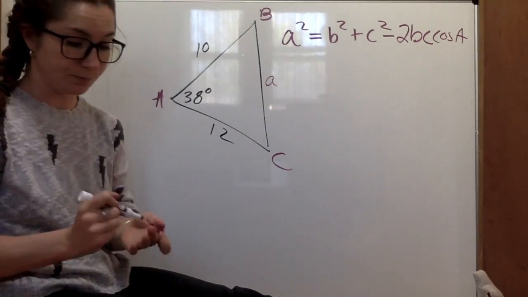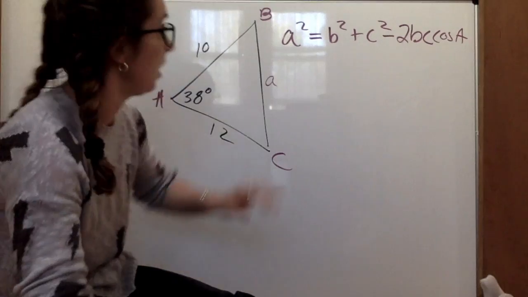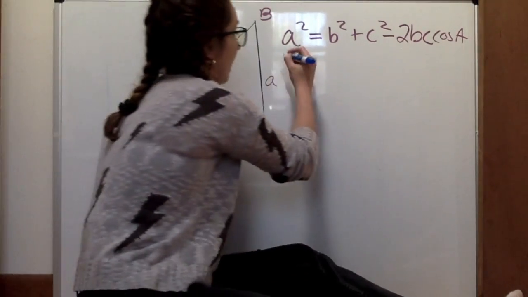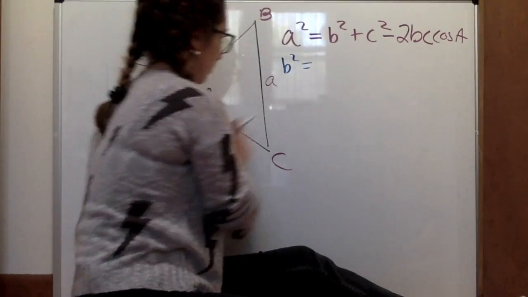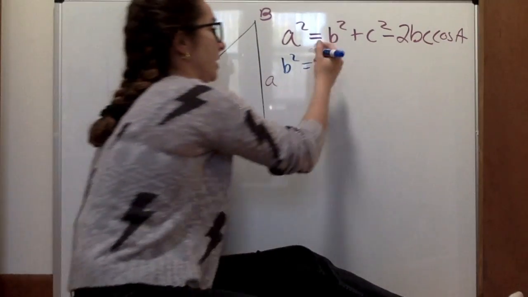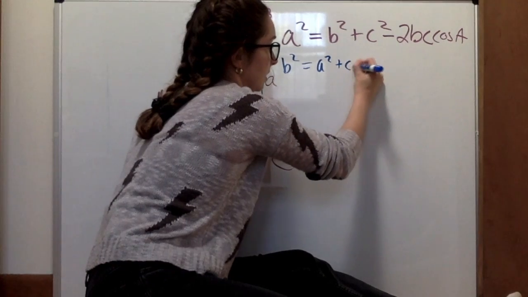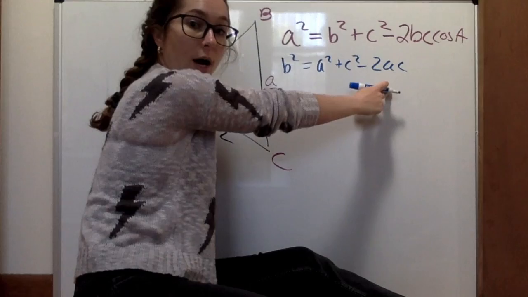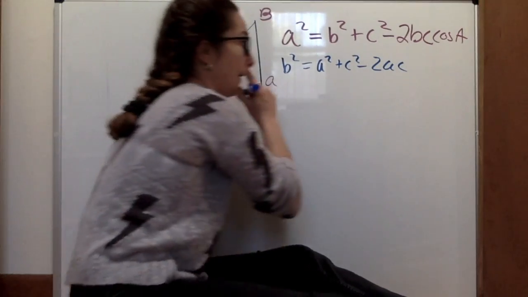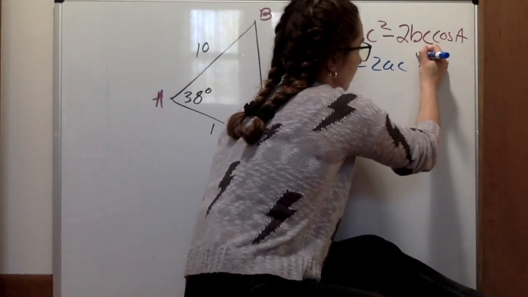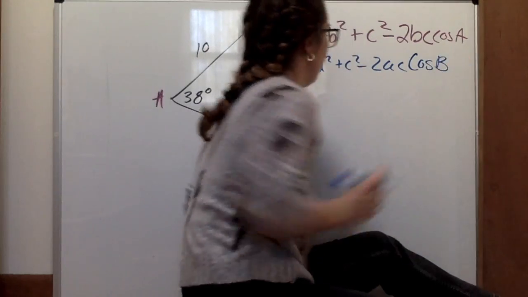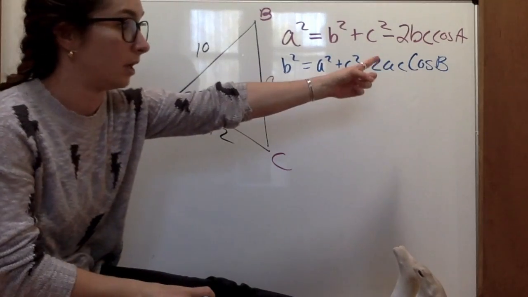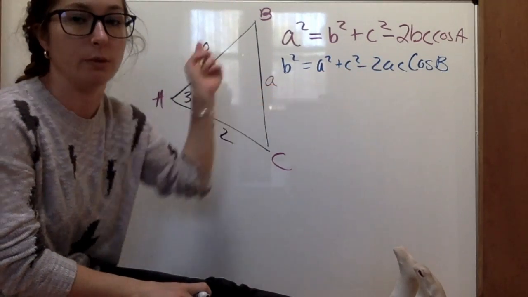So for example, if I wanted to do it for a different angle on my triangle, I could have b squared equals, so like this side length squared would be the other two, a squared plus c squared minus 2ac, so the ones that I'm not interested in for now, times cosine of angle B. So the side length that you're solving for and the angle that you're taking the cosine of will always match.